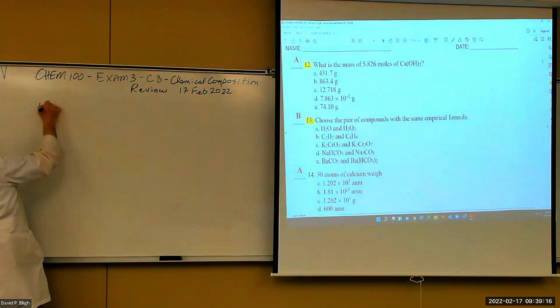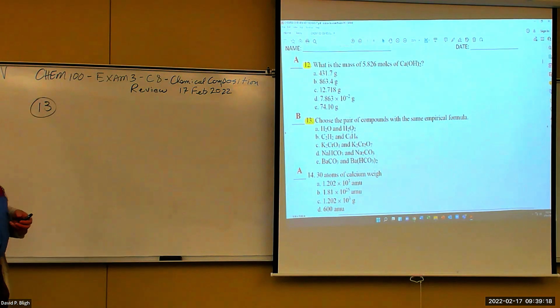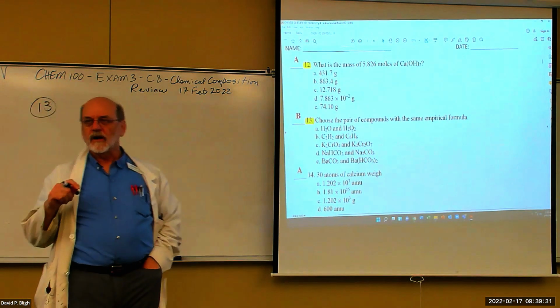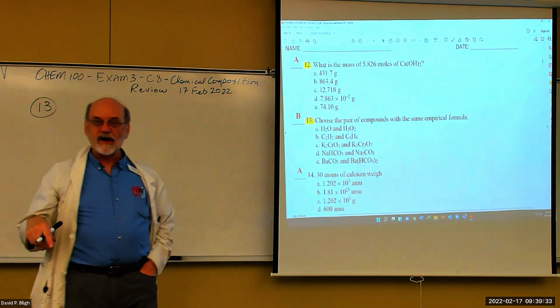13. Choose the pair of compounds with the same empirical formula. Okay. So you've got to remember what empirical formula is: the simplest whole number ratio of elements in a compound.